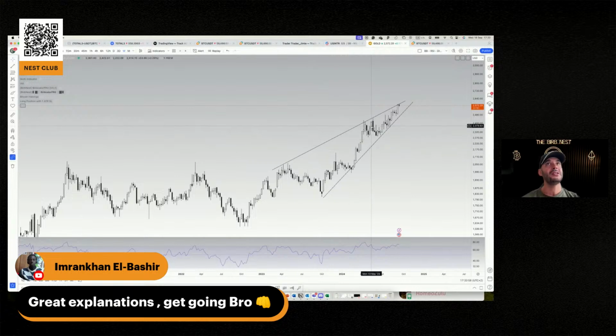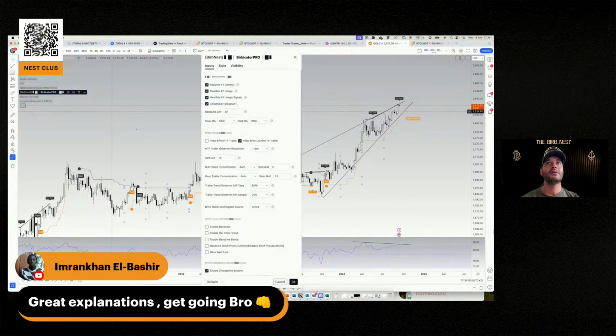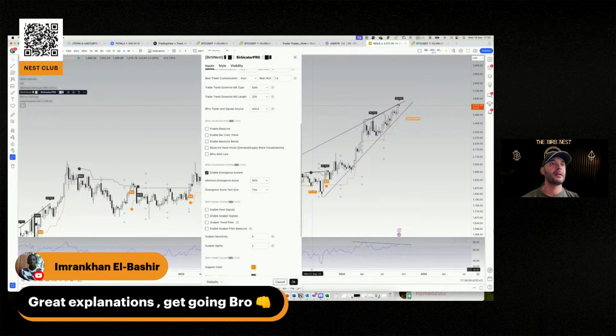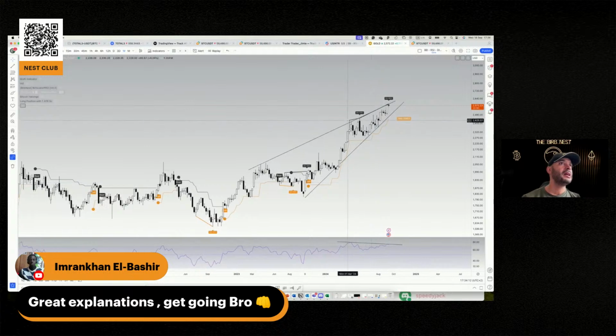Actually, I see this massive rising wedge, and on top of that, I see this bearish divergence. And if we add the Divergence Pro to this, 50% is enough. We do see divergence here and divergence here. This is the typical Divergence Pro divergence.